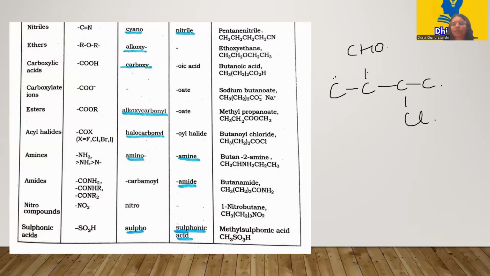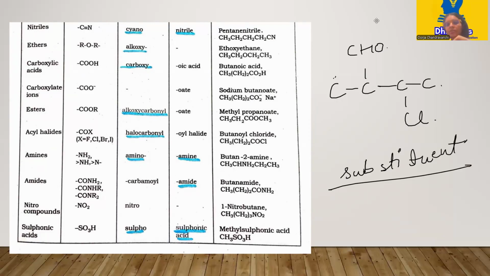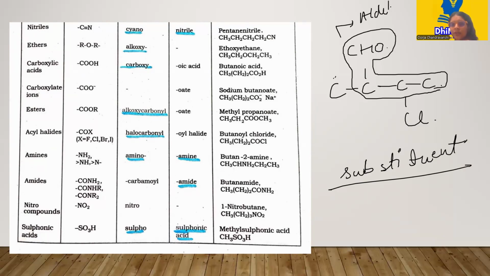In such a case, if I have two functional groups, one of them is going to act as a substituent, and that is the functional group which is not as important. One of them will be given a priority. So in this case, it will be CHO. CHO is an aldehyde. It is given the priority. And the numbering will be done like this.